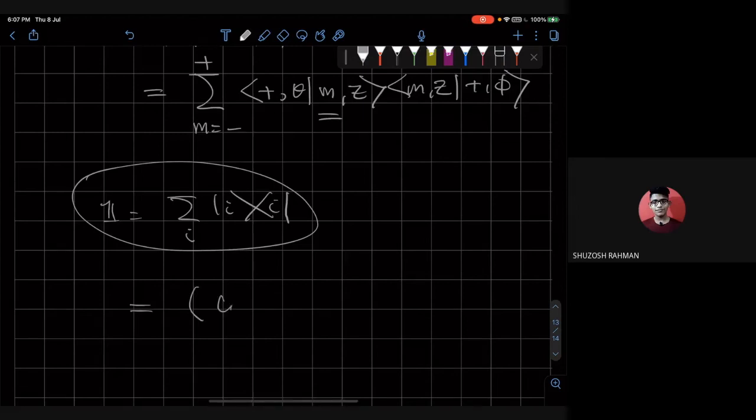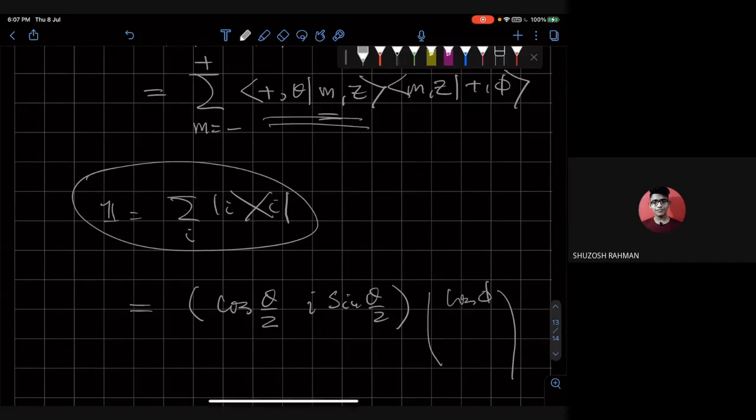So one, we will get cosine of theta by 2 plus i sine of theta by 2, because we're taking the complex conjugate here, and then inner product with cosine of phi by 2 minus i sine of phi by 2, which is from this thing. Of course, there's a sum, and that's why we've written it like this.